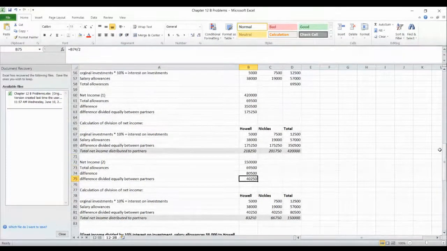So I simply restated that down here by showing the original investments of each partner, the interest on the original investments, the salary allowances of each partner, and this difference that was divided by 2. The total net income for Hal would be $5,000 plus $38,000 plus $40,250. In other words, $83,250 is the share of net income that would go to Hal.